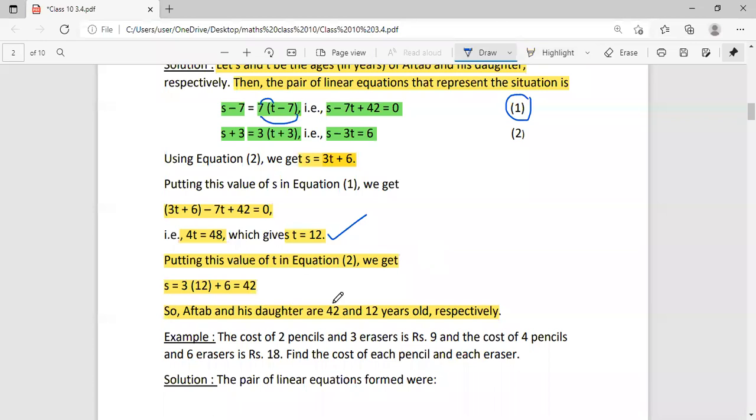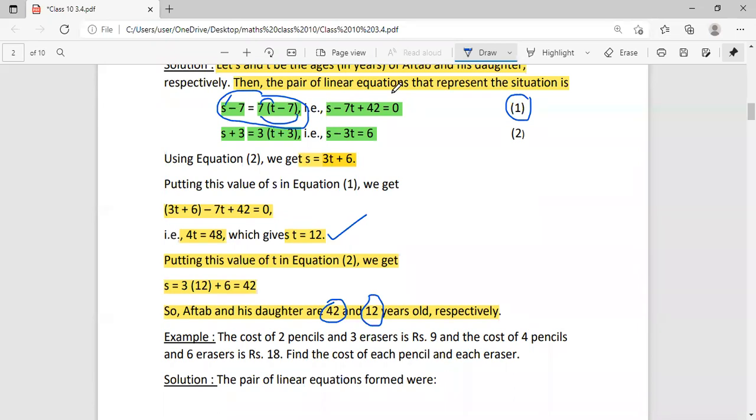That's the main advantage. You have got the value of S as 42 and the value of T as 12. You just substitute the values in equation 1. Then if the LHS and the RHS are equal, you can say that your answer is correct.